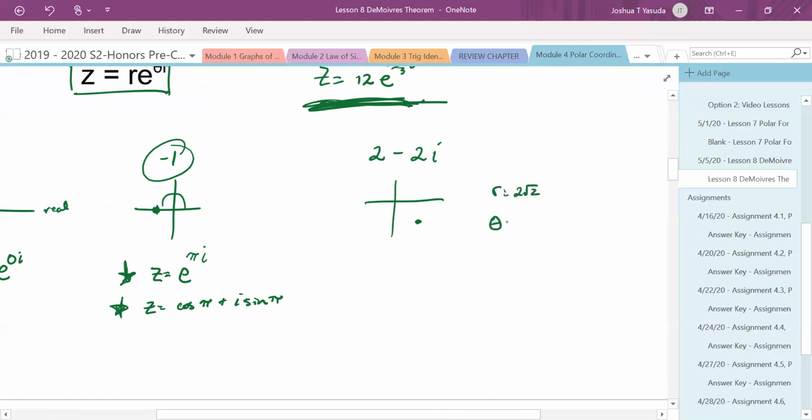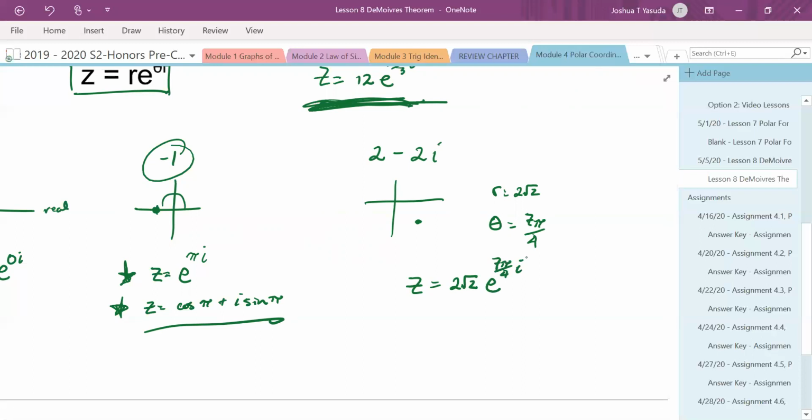And theta is going to be one of the fourths, but we're in quadrant 4, so we'll say 7 pi fourths. So instead of doing the long one, you could do the short exponential form, which would be z equals 2 rad 2 e to the 7 pi fourths i. And boom, it's nice, it's done. So it makes life a little bit funner.